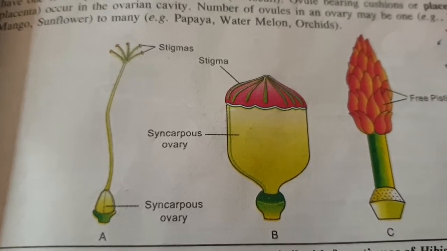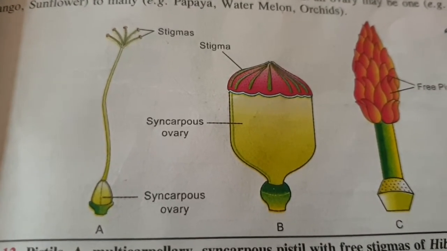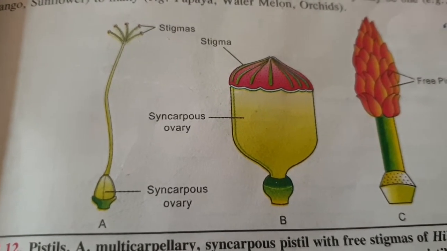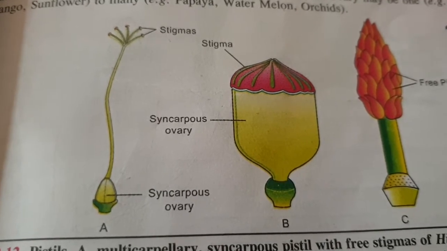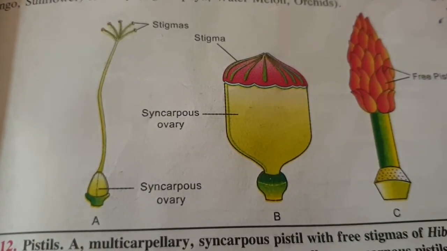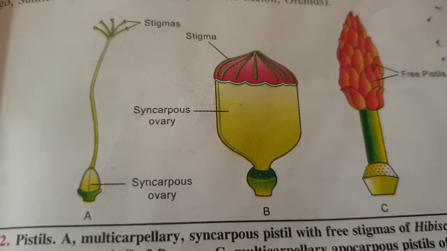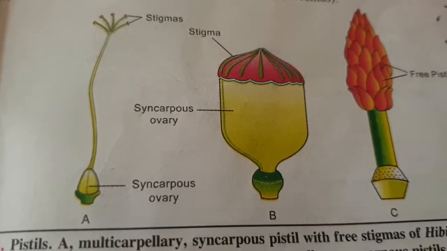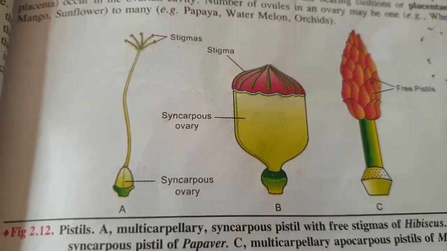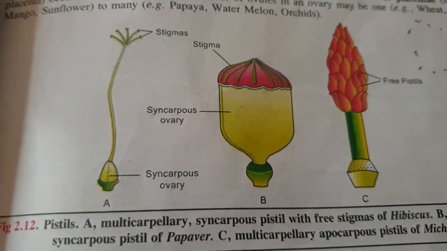Again, in some flowers the carpels may be free, for example Michelia, then we call it an apocarpous flower. Now if the carpels are fused, for example Hibiscus, then we call it a syncarpous flower. So these are the different types of flowers based on the number of carpels and how they are free or fused.